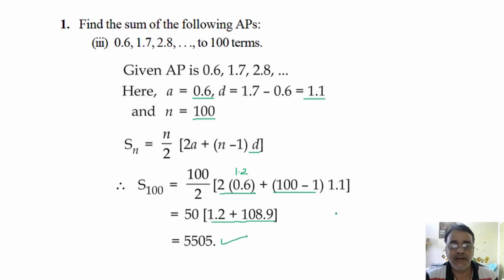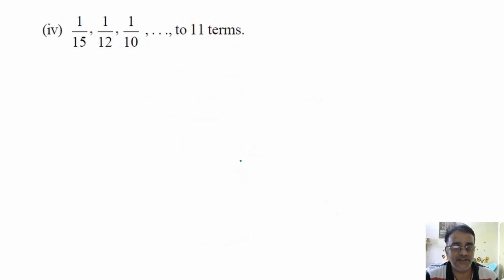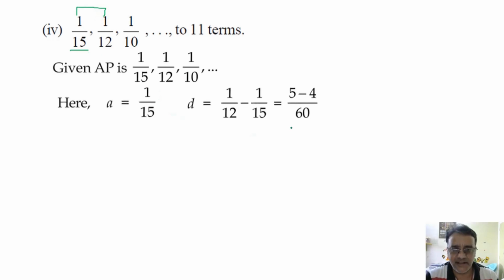No, sir. Now we are moving towards the last question of today's session. What is the first term here? 1 by 15. And what is the common difference? That is 1 by 12 minus 1 by 15. Okay, let us work it out. If you take the LCM of these two, it is 60, and here 5 and here 4 will come.